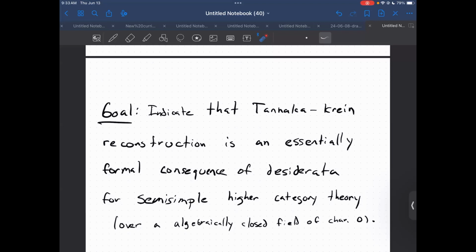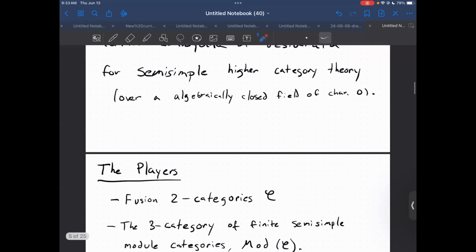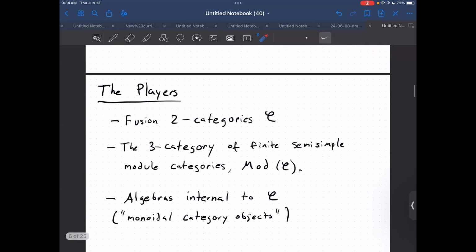And we're going to do this today by going through the case when n equals 2 and seeing that really we're only using very basic things. Okay.